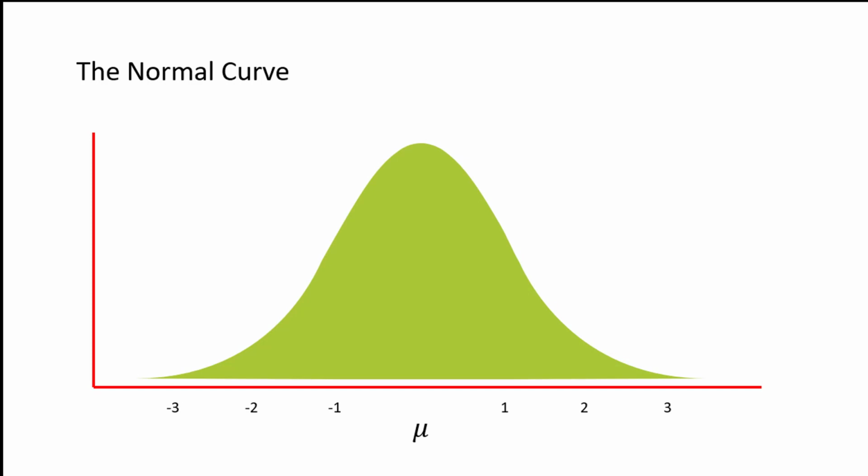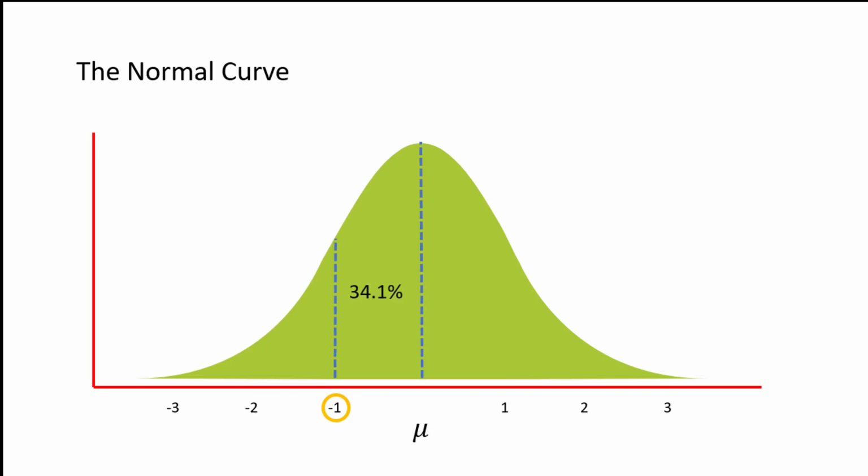Since we've labeled the x-axis using units of standard deviation, let's start out by determining the percentage of scores one standard deviation below the mean. Remember, we can express this either as a percentage of scores or as the probability that a score will fall below one standard deviation less than the mean. One of the really interesting properties of the normal distribution is that it can be shown that about 34% of the scores will fall between the mean and one standard deviation below the mean.